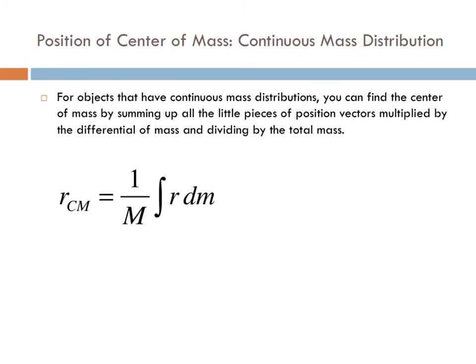So for objects that have continuous mass distributions, you can find the center of mass by summing up all the little pieces of position vectors, multiplying by the differential of mass, and dividing by the total mass. Again, we still see our summation here, but because we're adding all these infinitely tiny pieces of mass together and multiplying them by their position vectors, we have to use an integral symbol instead.